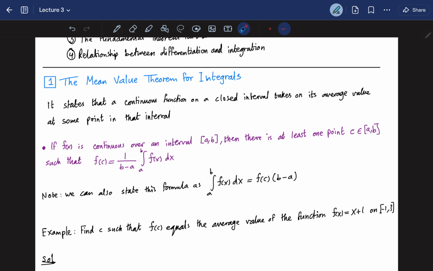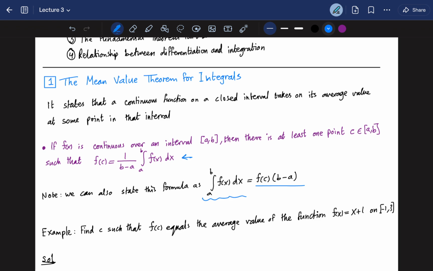So this theorem could also be written as the definite integral from a to b of f of x is just f of c times b minus a. So technically I'm just cross multiplying here and getting the value of the definite integral, sorry.